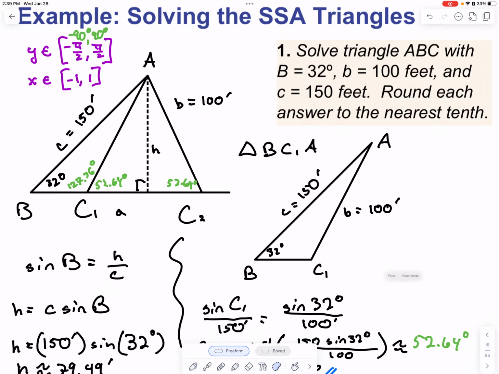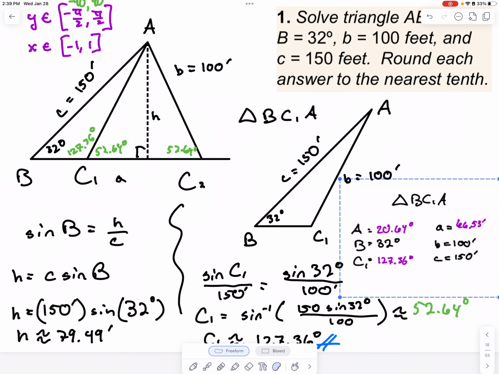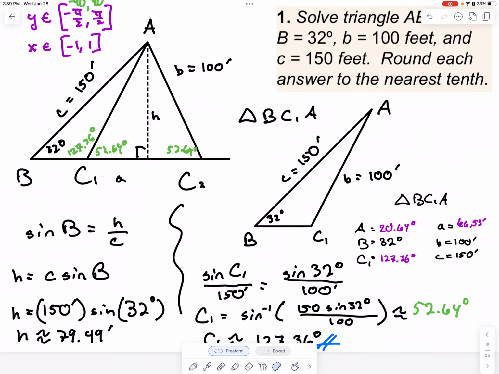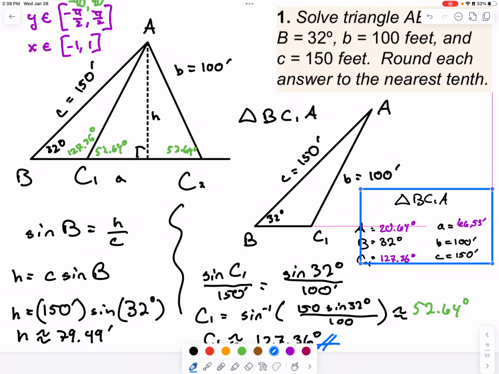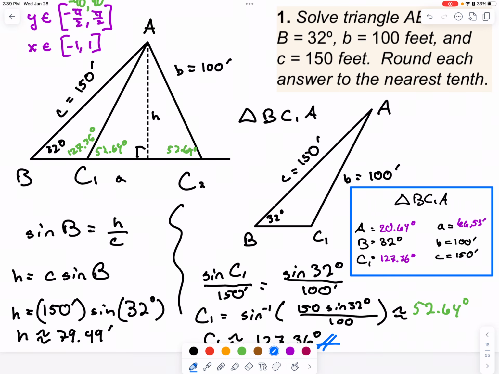But that's the first triangle, so we still need to work on the other triangle. I'm going to put this in a box with a little bit of color so we know that this is the result we got for one triangle.